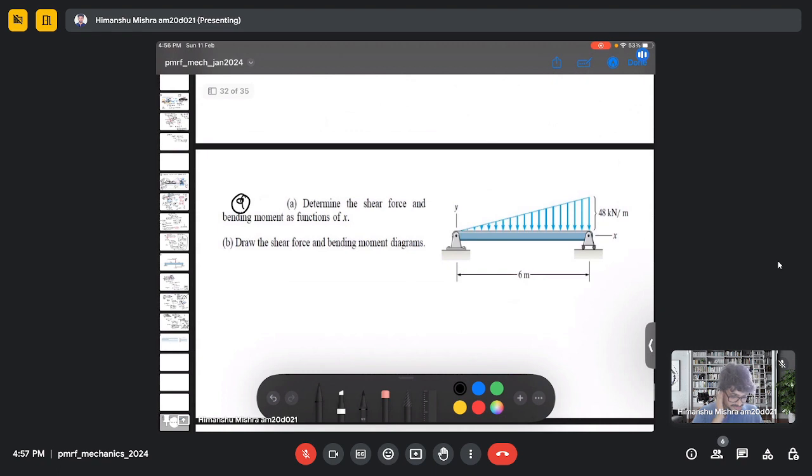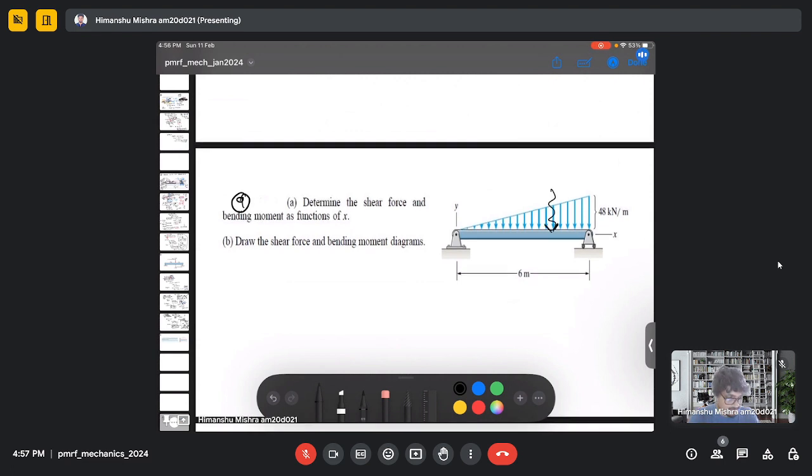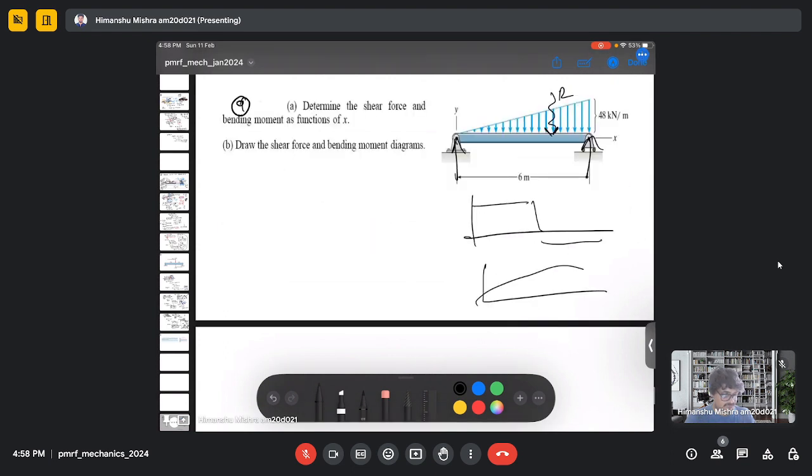And in the last one, it's a simple question where you need to draw the shear force and bending moment diagram. So basically, there will be a resultant force R. You need to find the normal reaction, and then you have to draw the shear force diagram and the bending moment diagram, which will be applicable to this.